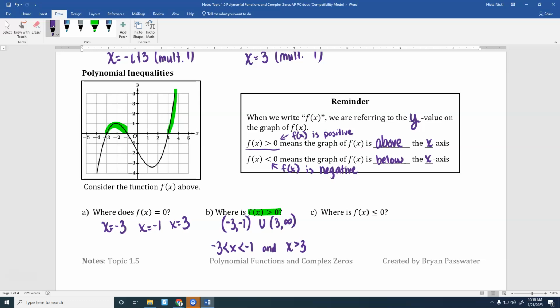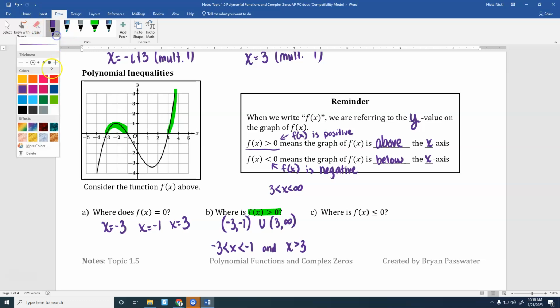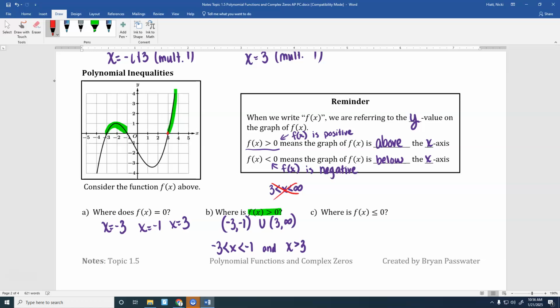So you don't ever want to write 3 less than x less than infinity. Technically, I guess that is correct, but you're never going to see an answer choice that looks like that. Just think about your x-axis: you're going from 3 over here, and that's all the numbers bigger than 3. Notice I did not use any or equal signs or any brackets because my function wasn't asking about where it equals 0.